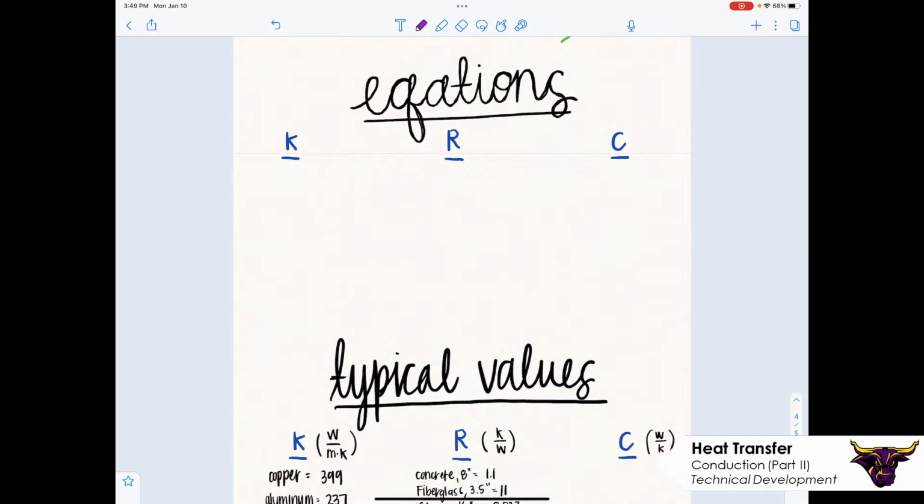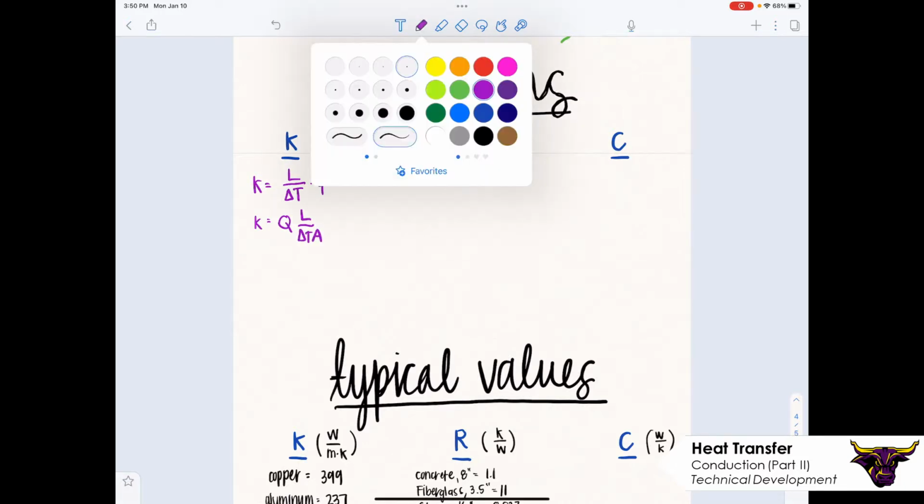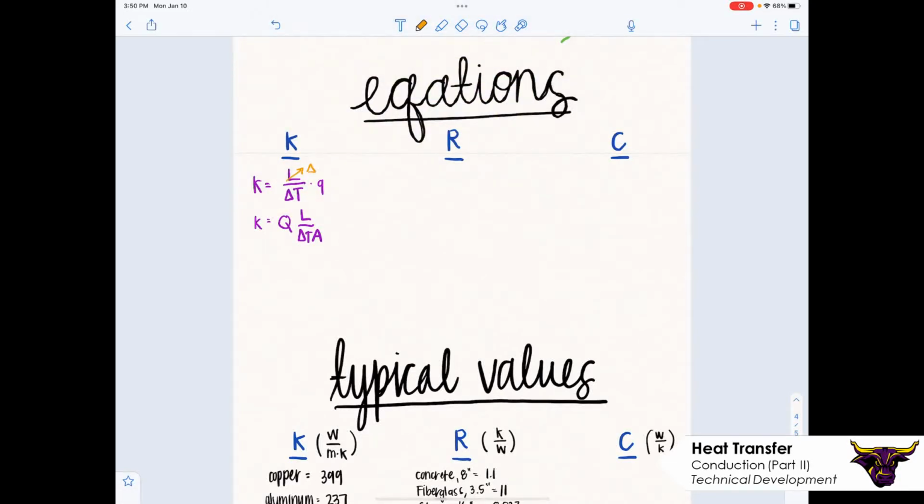So equations, we have for K is equal to, I'm going to give you two different versions based on those Q's we just talked about. K can be equal to L over delta T times little q, or it can be equal to big Q, L over delta T A. And let me actually say here too as well, I changed variables a little bit, but that L is actually just delta X if we're looking at our equation above.